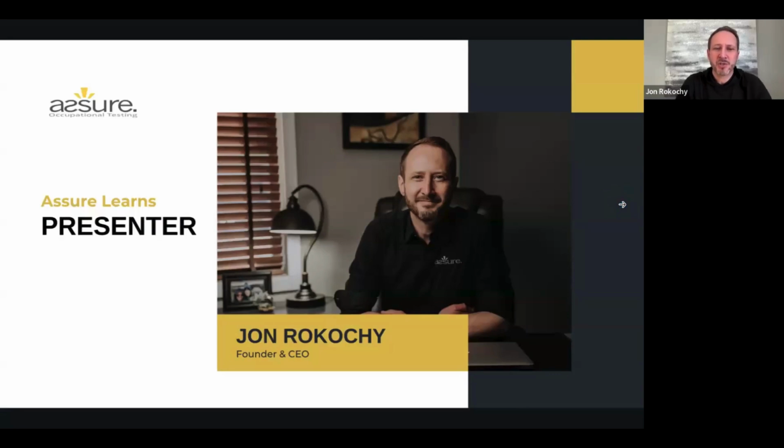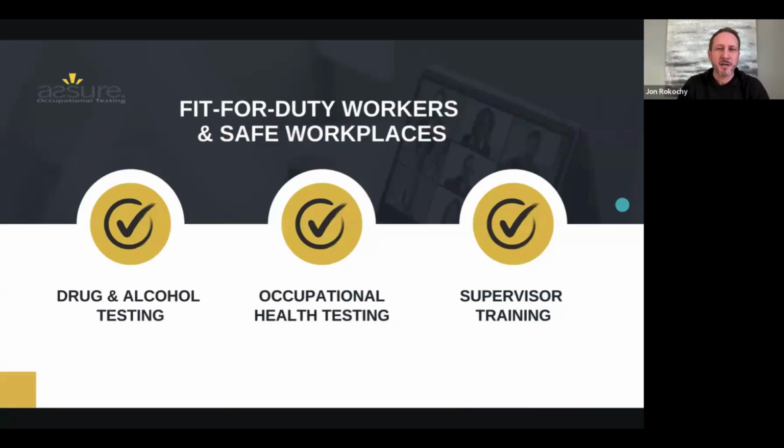So I am John Riccocci, founder and CEO of Assure Occupational Testing, where what we do at Assure is we help you ensure your workers are fit for duty and your workplaces are safe. And how we've been doing it for over the past 15 years is through drug and alcohol testing, and writing policies and supporting companies with drug and alcohol policies, again, making sure it complies with the Canadian Model and OHS.